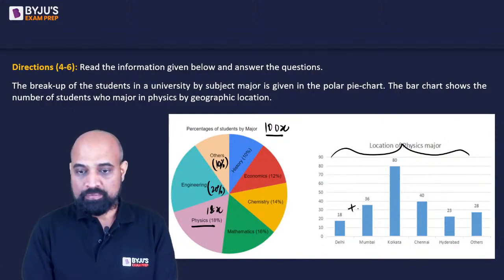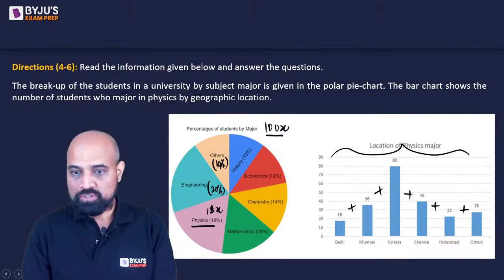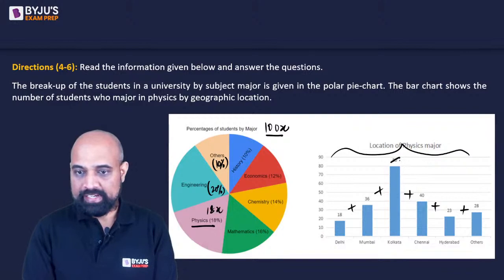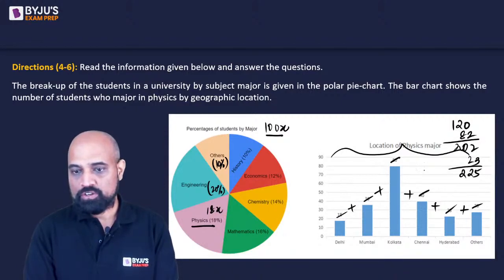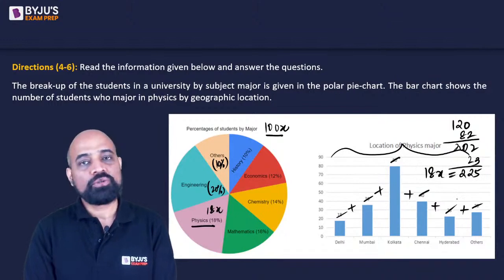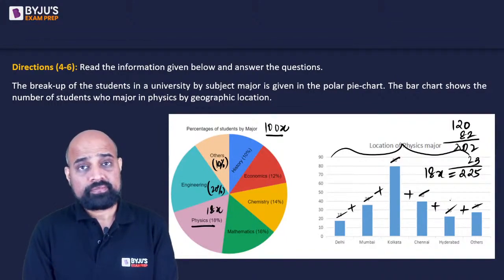So what is the sum of the students from here? So for that, 80 and 40 is 120. And then we will have 18 and 28 as 46, 46 plus 36 as 82. So this is 202, and then we have 23. So we have 225. So we can say that 18x is equal to 225, right?